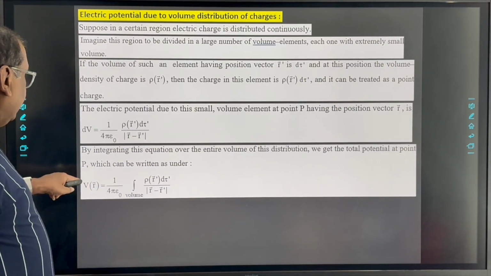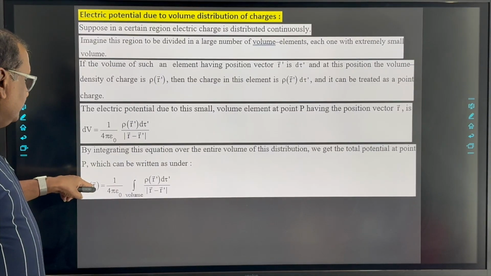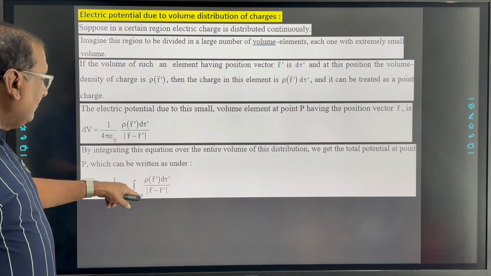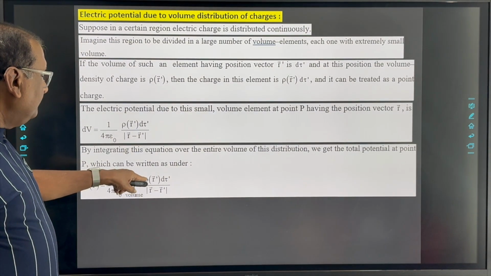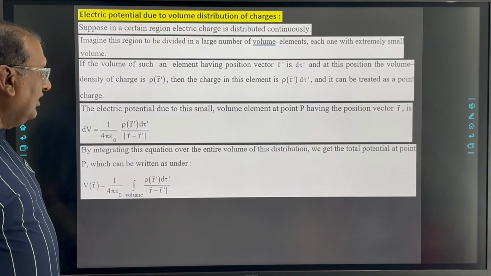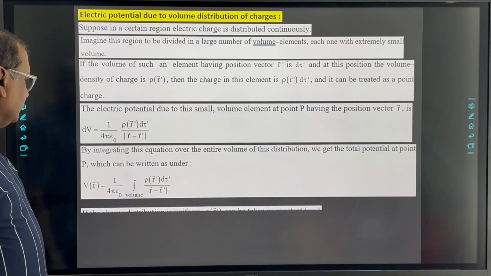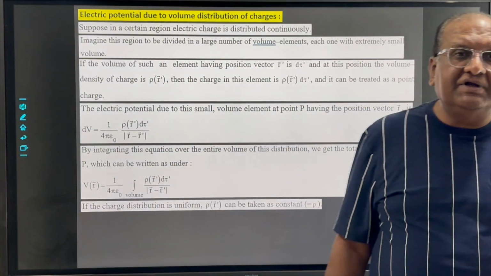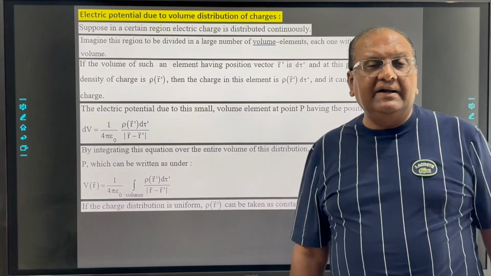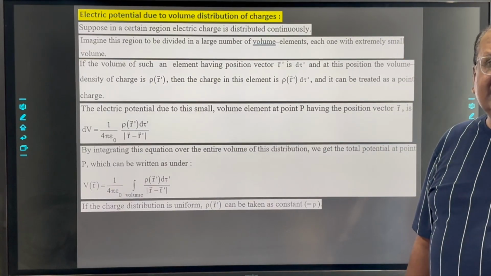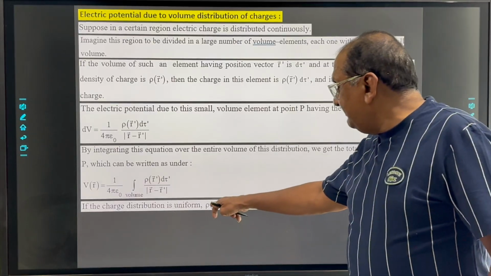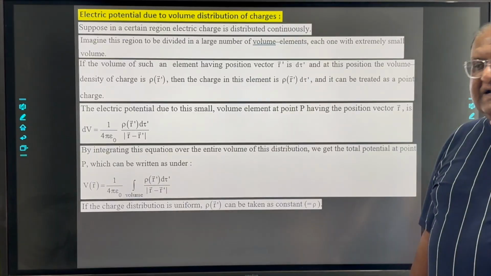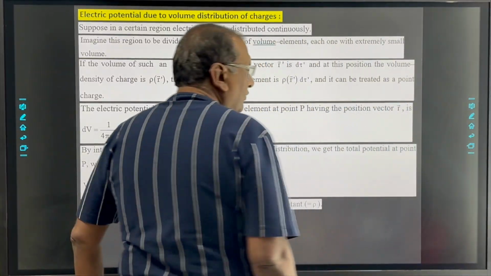So the potential at a point having position R is 1 upon 4 pi epsilon 0 times the integration over the entire volume distribution of rho at R dash d tau dash upon magnitude R minus R dash. If the charge distribution is uniform and the volume charge density is constant, then instead of rho at R dash, you can simply consider it as rho. Clear to all of you?